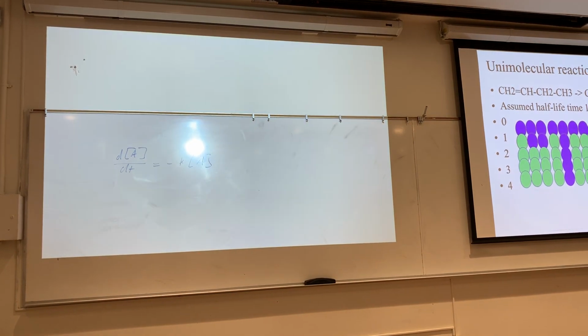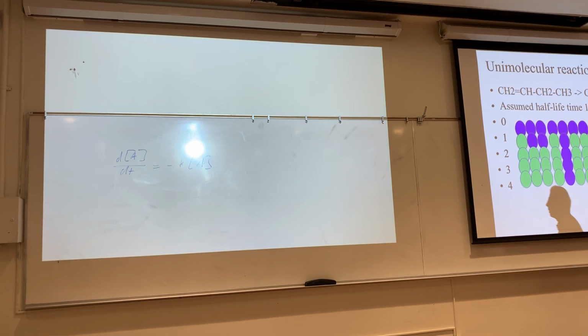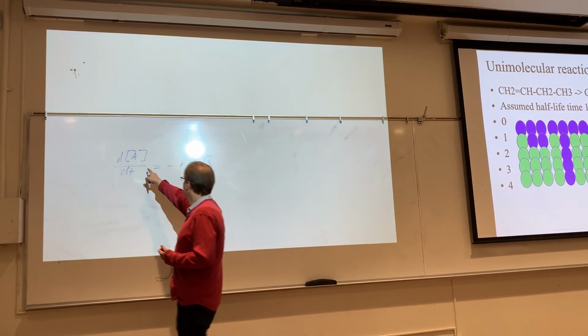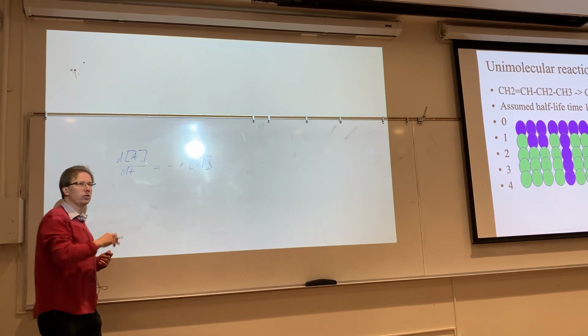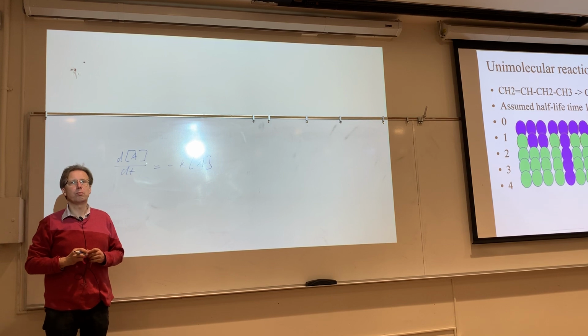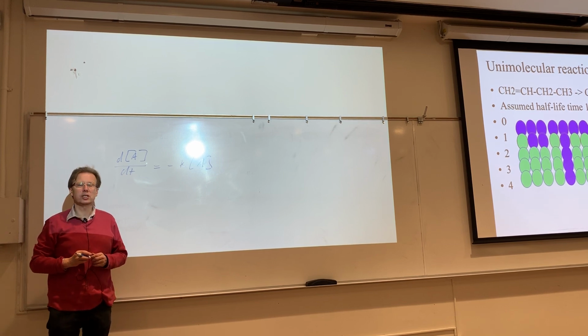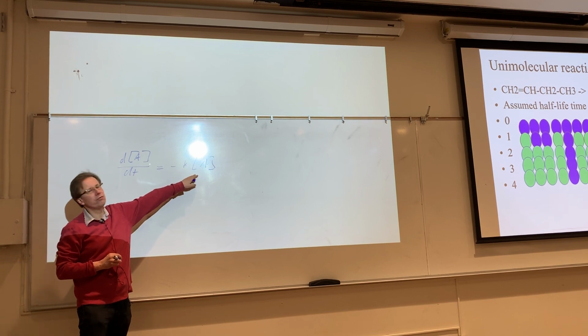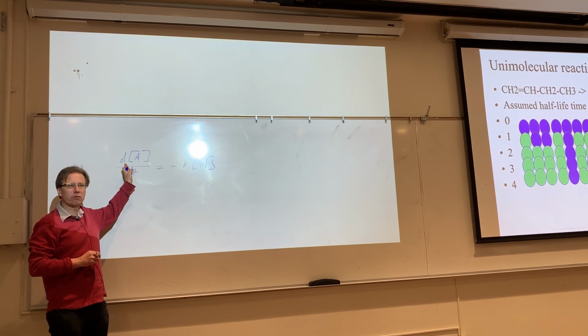Okay, so from just looking at that, we figured out that the change of the concentration is proportional to the concentration itself. The more reactant we have, the more molecules will convert.